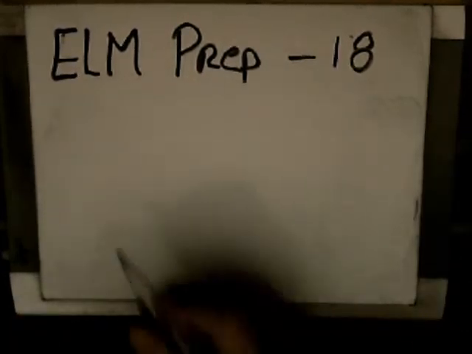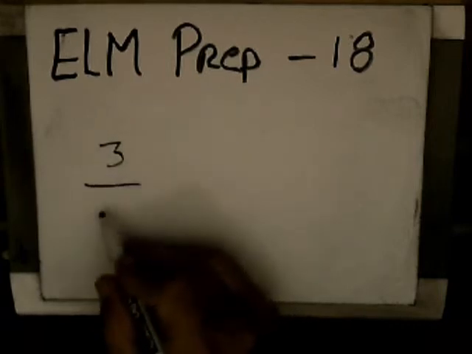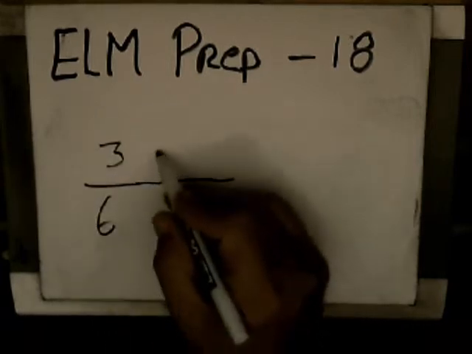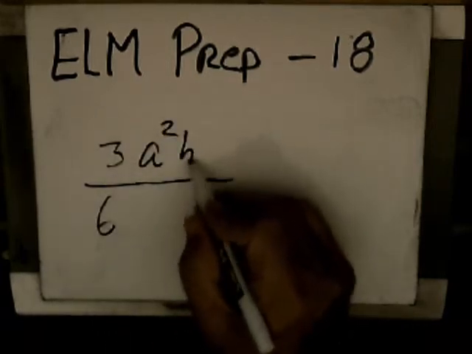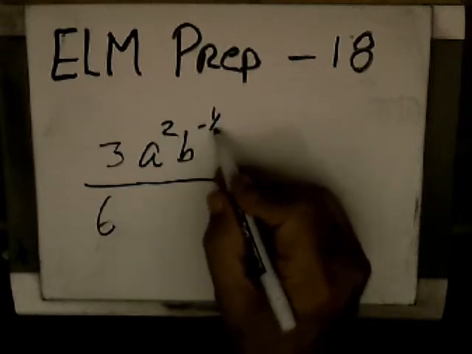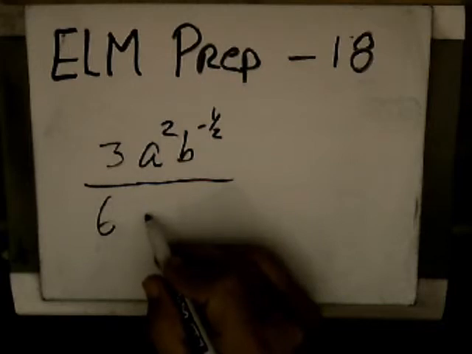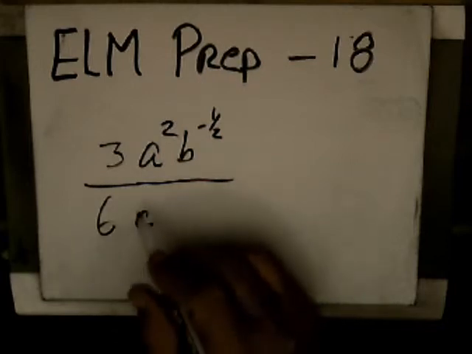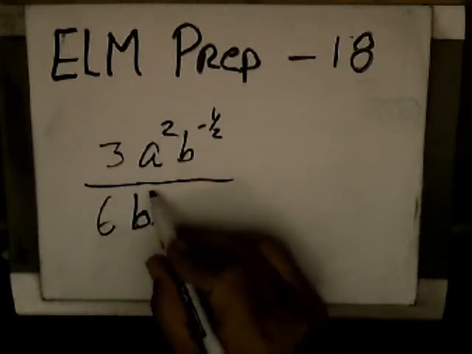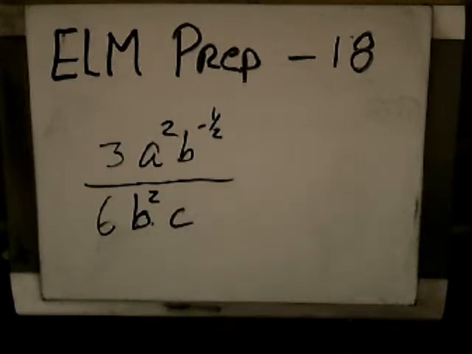All right, so 3a squared b to the minus 1/2 over 6b, c.